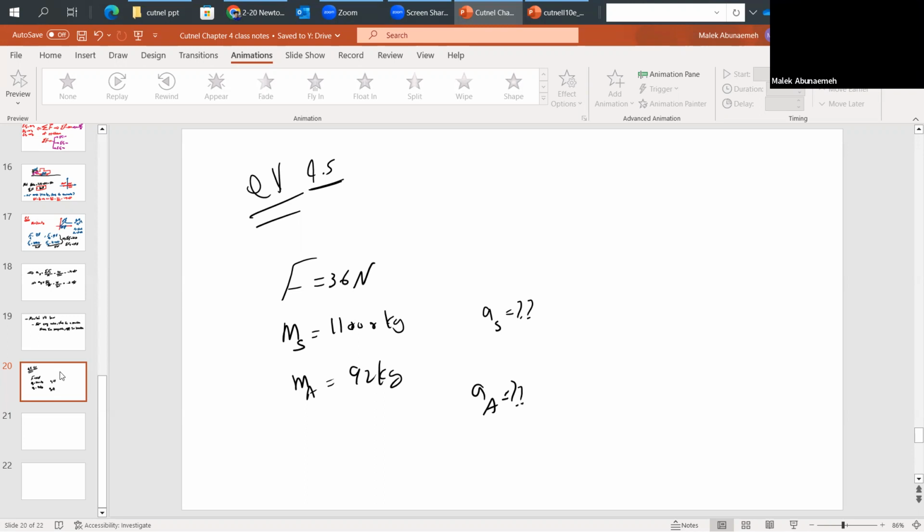Now, using the equation where your acceleration is going to equal your force over your mass, for the first one it's going to be 36 newtons divided by your mass, which is 11,000. So you should get 0.033 meters per second squared.